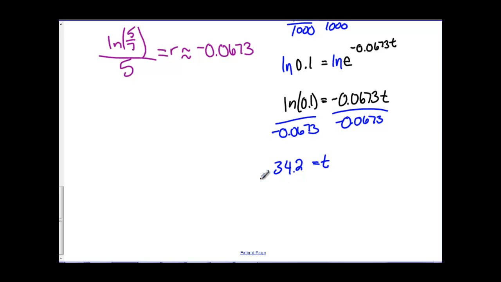Oh, actually this is great. On your review, number 50 is this problem, and it says round up to the nearest whole number. So it's telling you to go up to the next number.